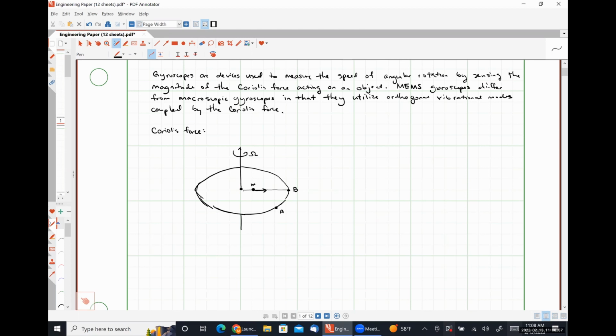And from an outside observer, the mass is going to take some curved path towards A, while A spins to move where position B was. This deflection of the path is the manifestation of the Coriolis force.